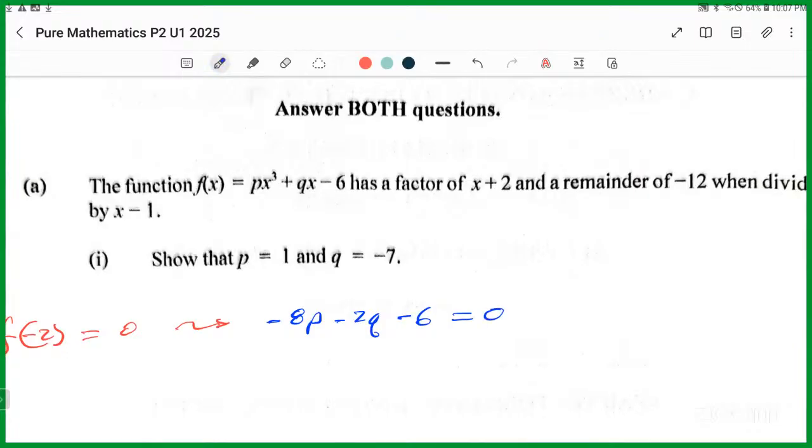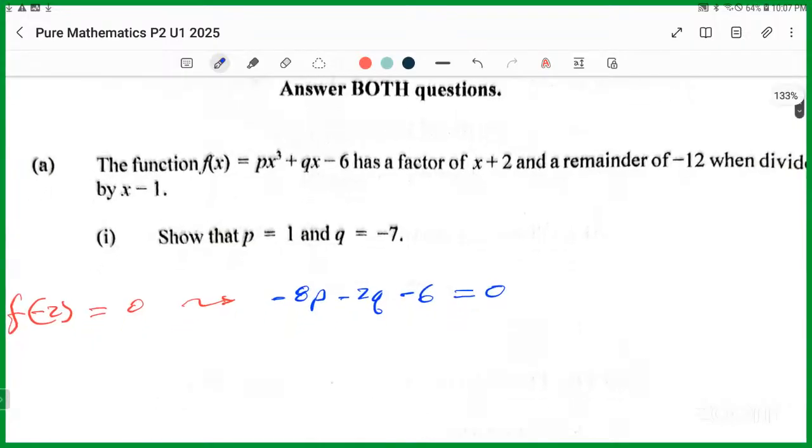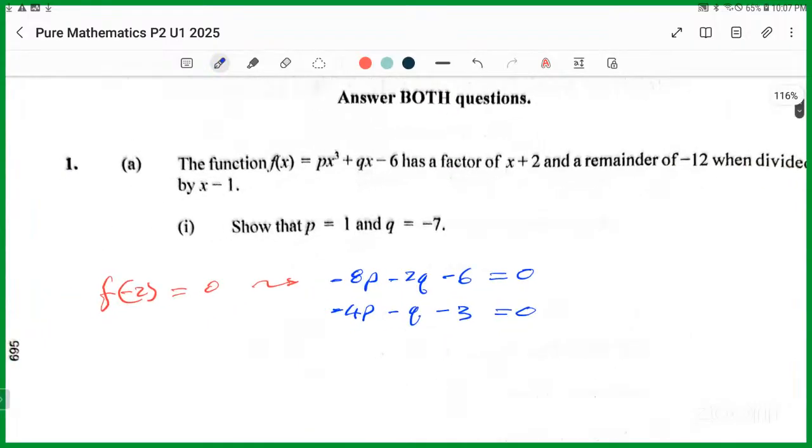This can also be simplified by dividing by -2, and becomes 4p plus q plus 3 equals 0. Let's look at the next one.